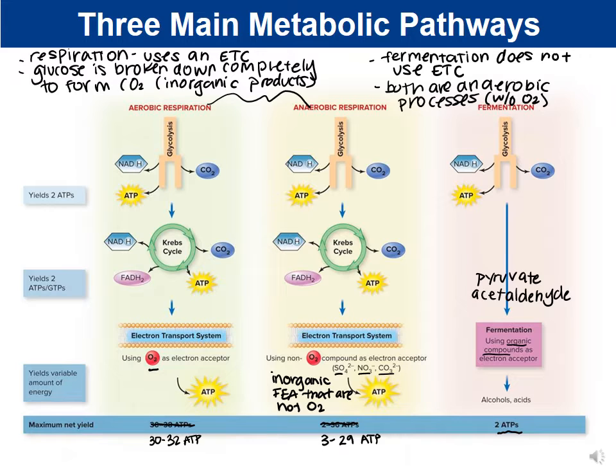Both of these final electron acceptors are organic. And we end up with organic products. So we do not break down glucose all the way. We're not going to end with CO2. We actually end with organic products that still have a lot of energy left. So alcohol, so ethanol, lactic acid, etc.